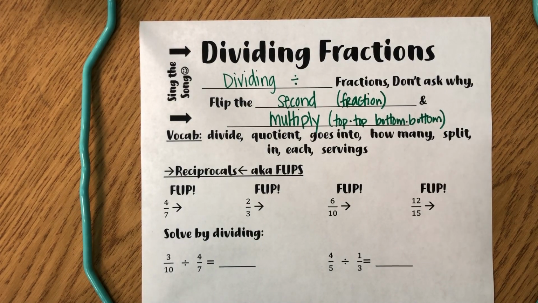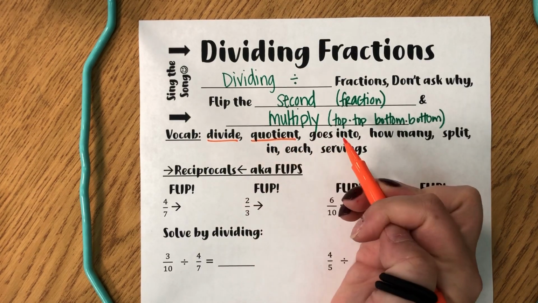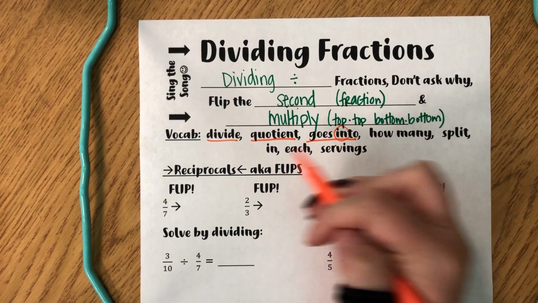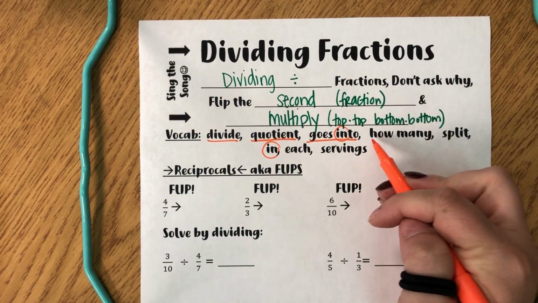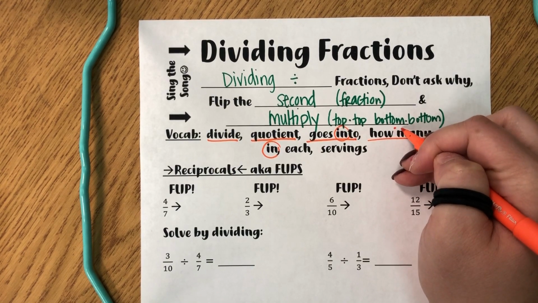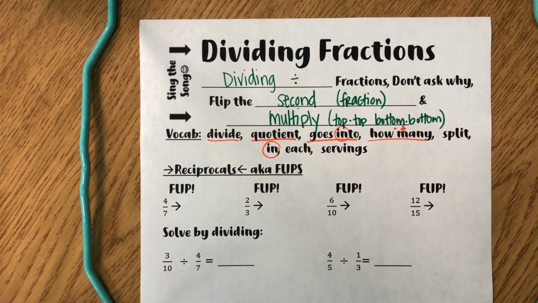Some of the vocabulary that you might see that tells you to divide are words like the word divide. You might see the word quotient, goes into, and "in" is a really big one. "How many" is tricky because it does mean multiply and divide, so you have to be careful about that one, but it is a good indicator.